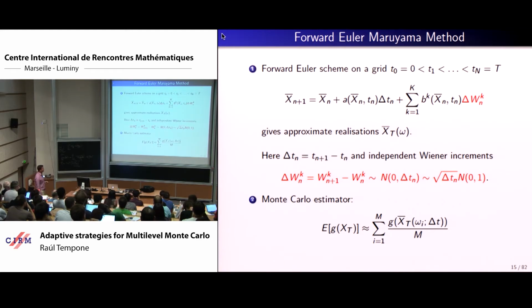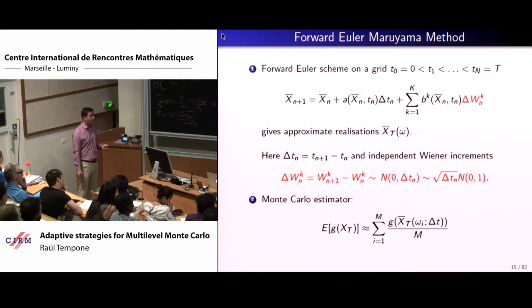These random variables are normally distributed with mean 0, and the variance is just the delta t that you're taking. Okay, so the delta t does not need to be uniform at all, right? And again, weakly you can just scale them to normal 0, 1 random variables. And the Monte Carlo estimator looks exactly as we discussed before.